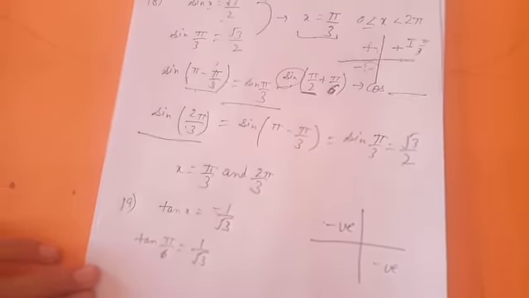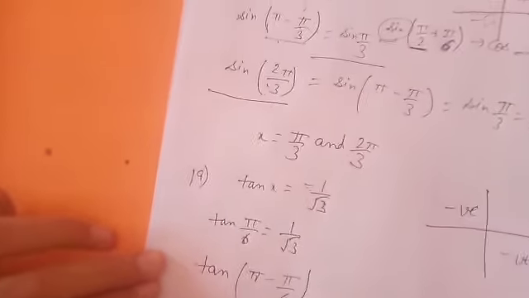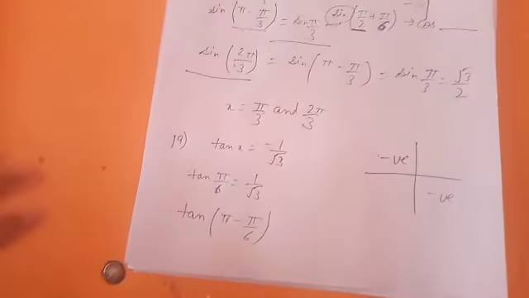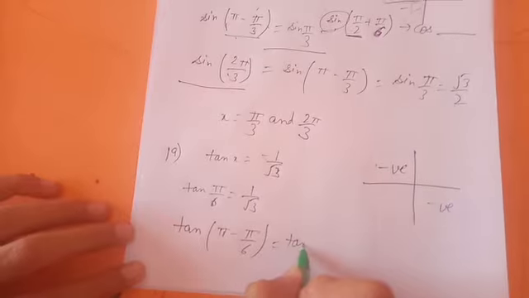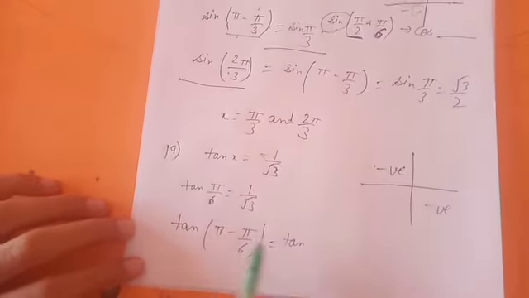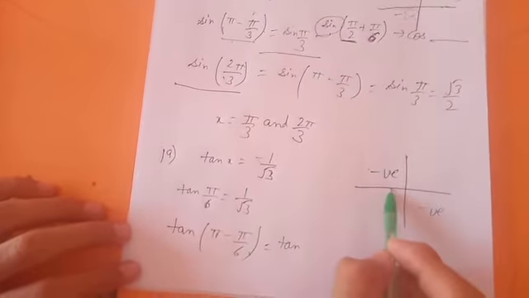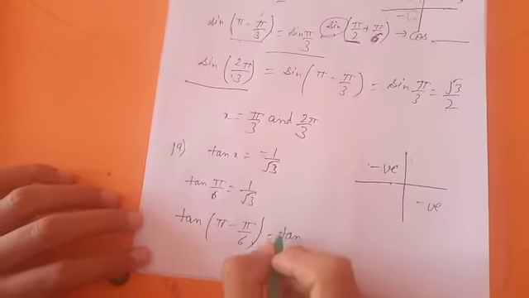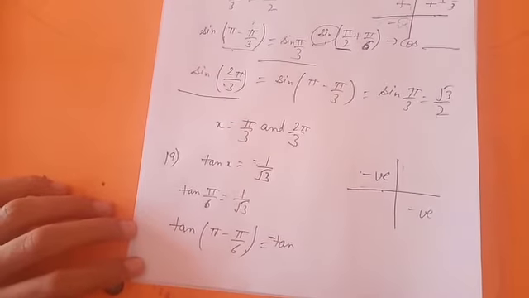Okay, but if I write tangent of pi minus pi by 6, at pi the phase does not change, it will remain tangent. Pi minus pi by 6 means second quadrant. Second quadrant means tangent will be negative here.